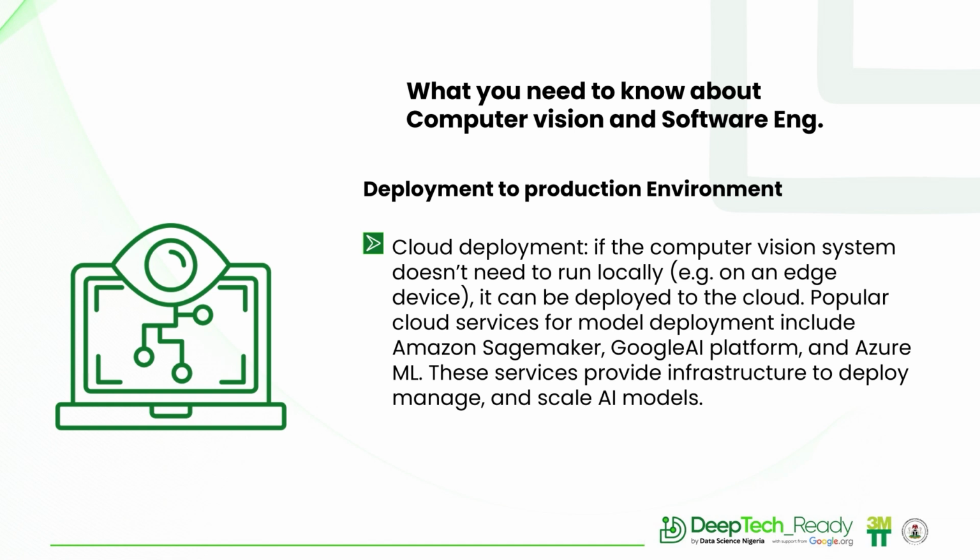Now let's talk about model deployment frameworks. We are talking about integration with the backends, right? The next thing is model deployment frameworks. So how do you integrate your computer vision model? Another thing you need to take note of is the model deployment frameworks, platforms like TensorFlow Serving or TorchServe. So if you wrote your code or your model in PyTorch, or you wrote the code in TensorFlow, right? If it's in TensorFlow, you use TensorFlow Serving.